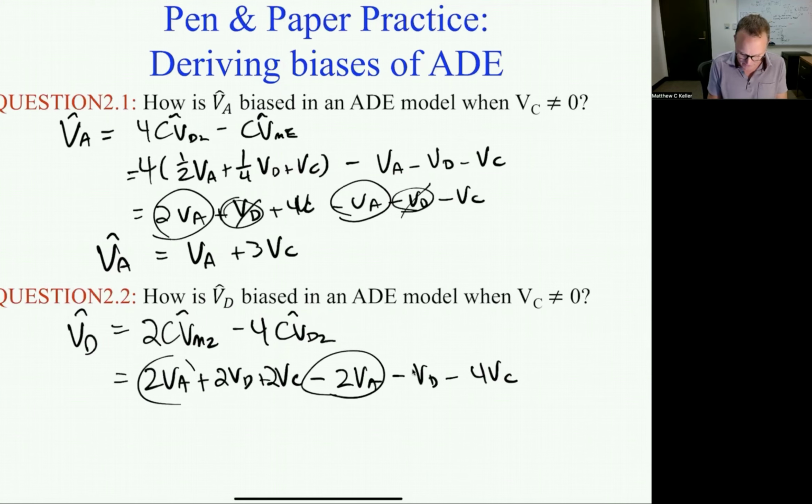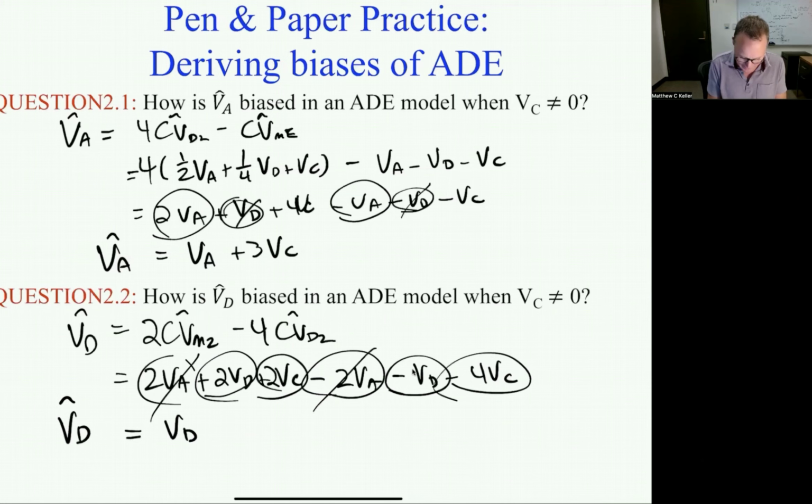The VAs cancel out. The VDs give us a VD in our estimator of VD hat, which is good. But now we are being underestimated by 2 times whatever VC is. So in words, the estimate of VD from an ADE model can be underestimated by twice whatever the shared environmental variance is.